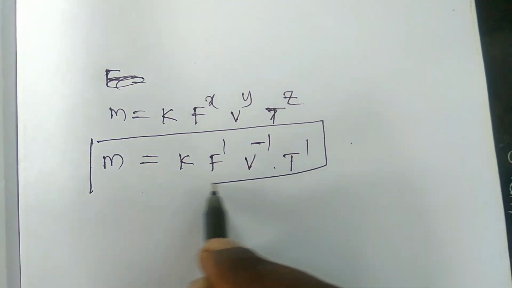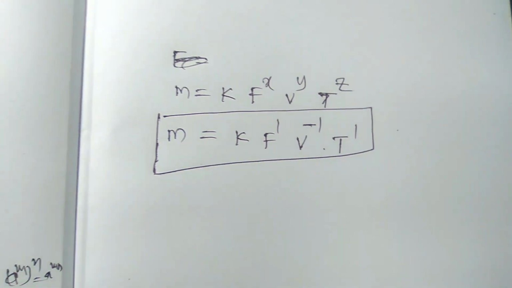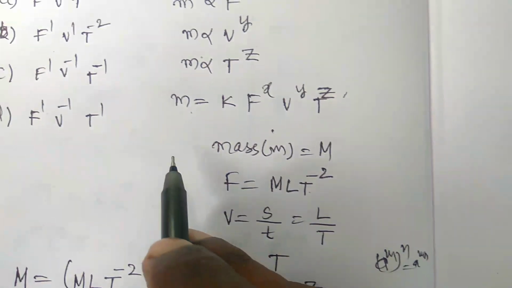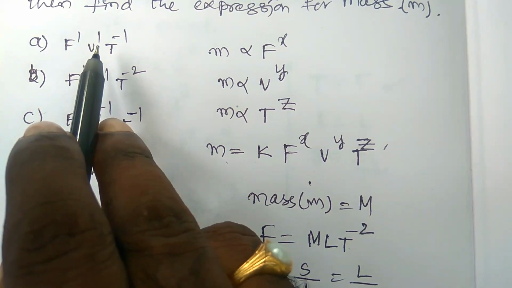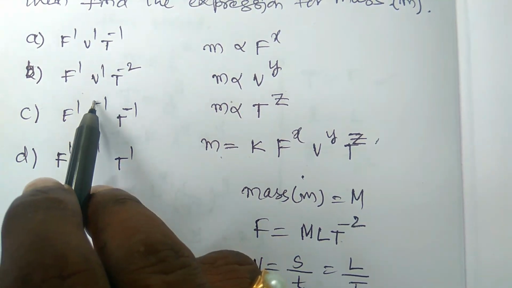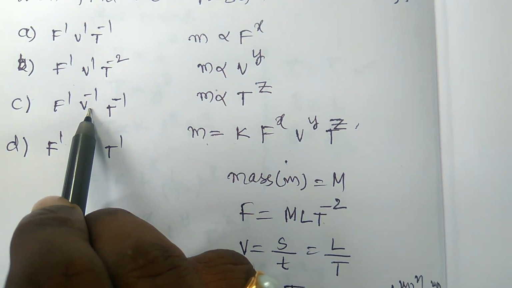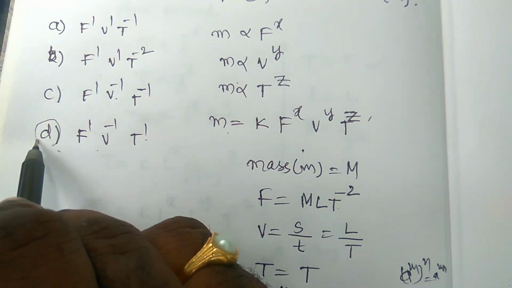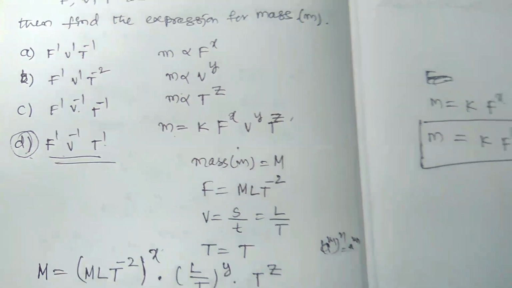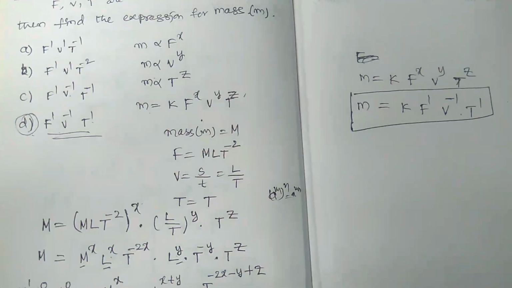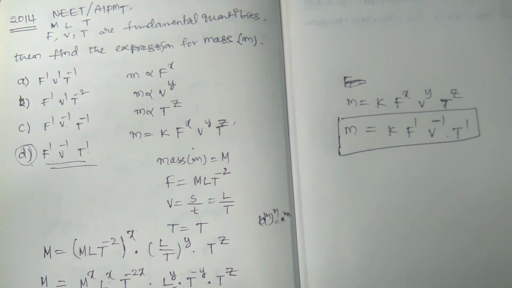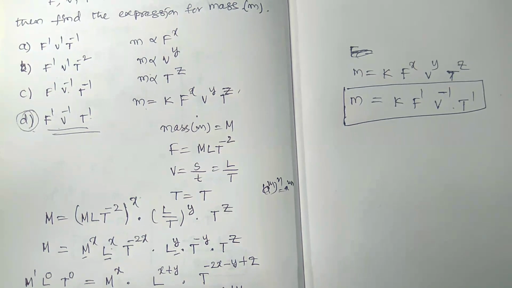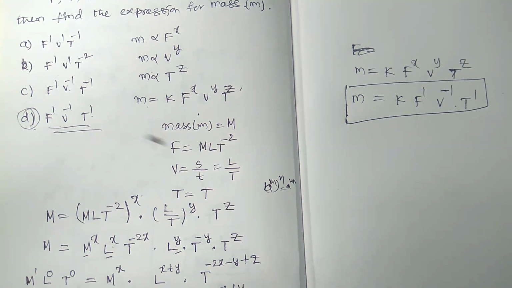Whether it is right or not, we have to check which option is correct. So f power 1, v power minus 1, t power 1. So this option D is the right answer. So this is the pattern you have to find very easily, what they are asking us. Okay, do you understand? So let us see another one.